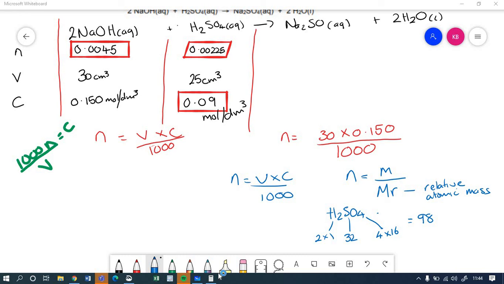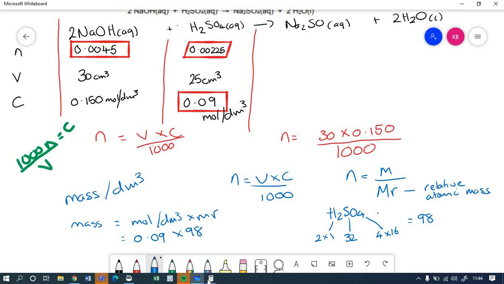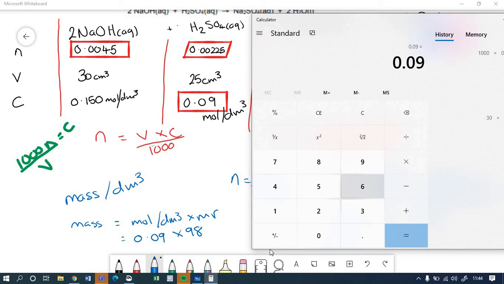So to work out the mass per decimetre cubed, you take the number of moles times the Mr. So this one would be 0.09 times 98. So I take this value and then times it by 98.